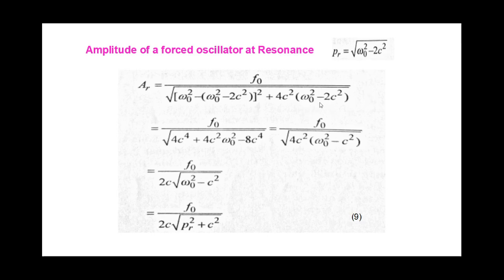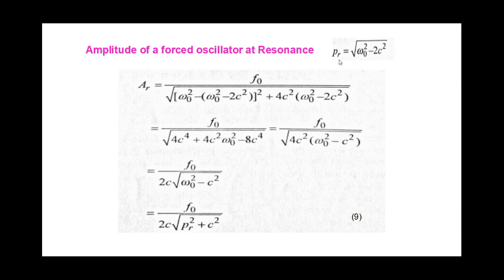Here also, instead of P square we substitute PR, and then simplifying the denominator, please write it down, we get this expression. Finally, taking this 2C outside the root, we get F0 divided by 2C into square root of omega 0 square minus C square.